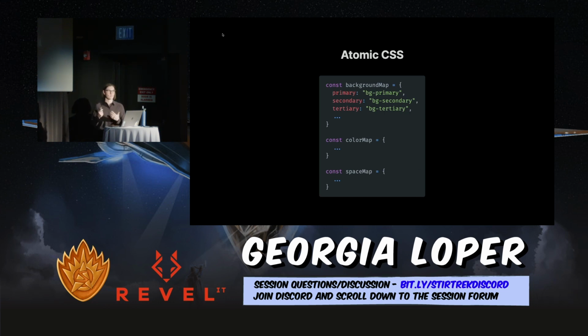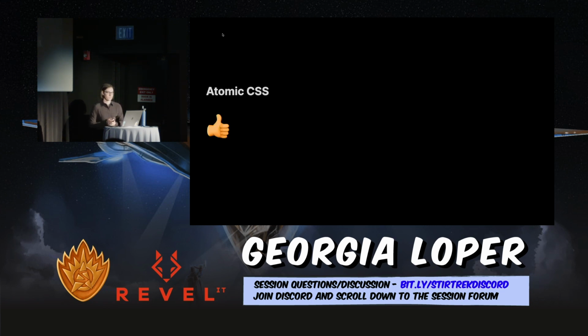Tailwind has some plugins in your IDEs and some CLI helpers to generate these maps, but you can't actually use that IDE feedback in your code. So you actually have to go and make those changes manually to keep up with what classes ultimately exist.